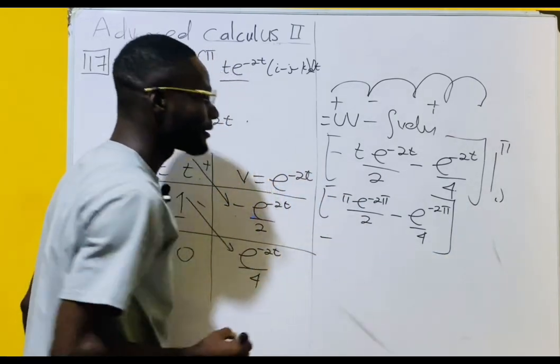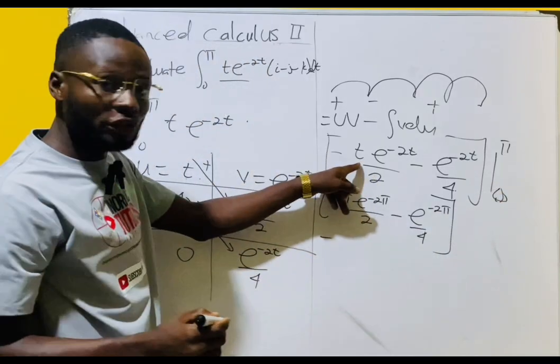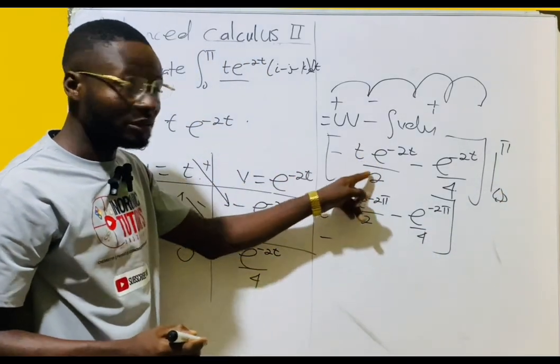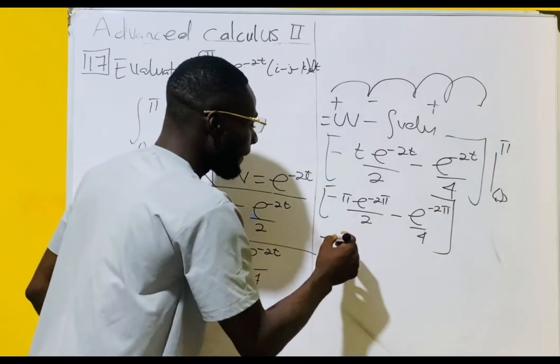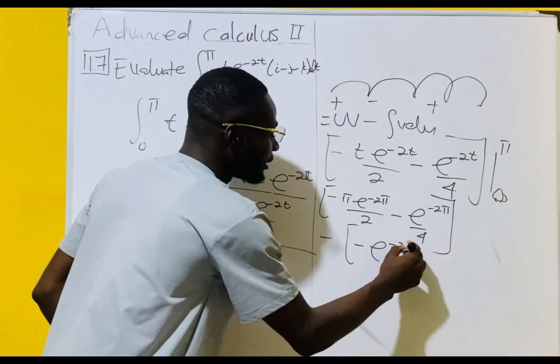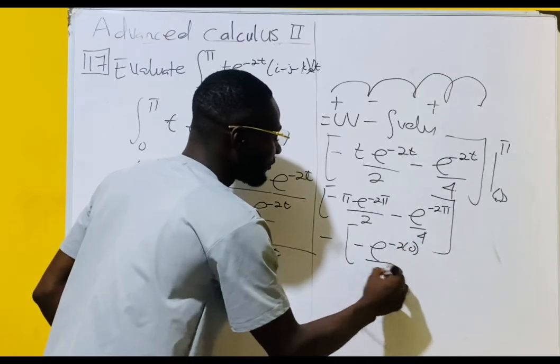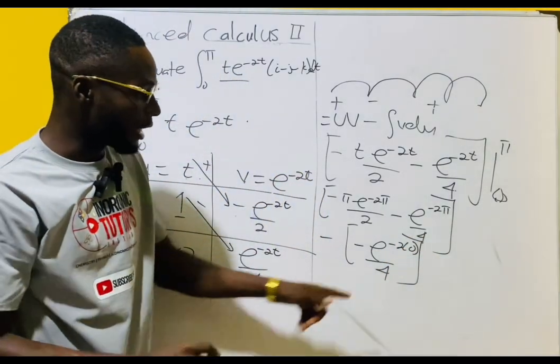Then minus, when you substitute 0 in here, because of the t multiplying this, we're going to go 0. So we have to come here. So we're going to have minus into minus e to the negative 2 into 0 all over 4. Okay, so this is what we have.